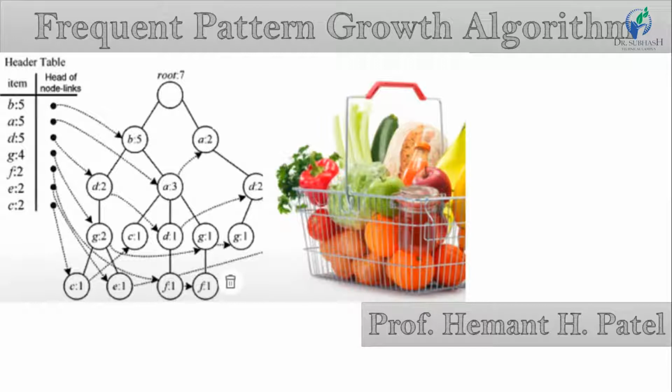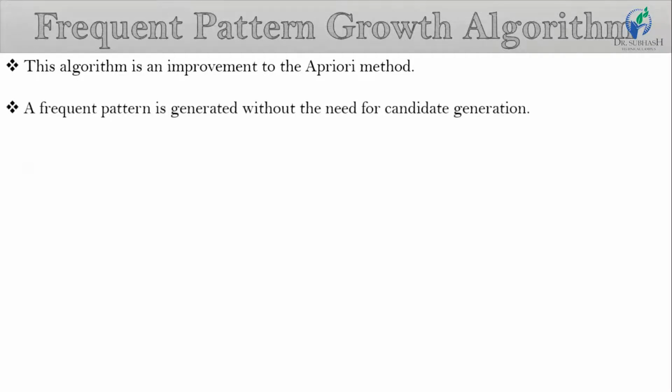So these shortcomings can be overcome using the FP growth algorithm. Now I explain the frequent pattern growth algorithm. This algorithm is an improvement to the Apriori method. A frequent pattern is generated without the need for candidate generation.